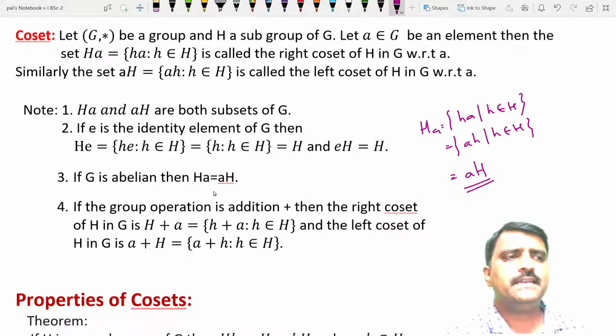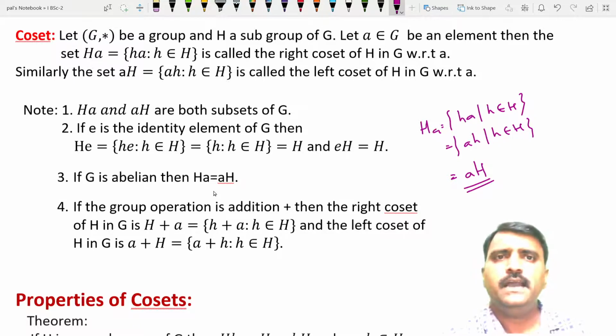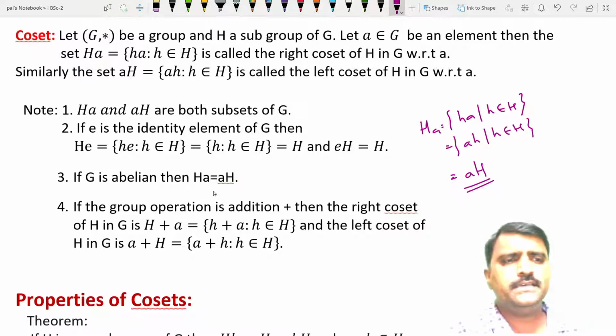So that is right coset is equal to left coset when the group is abelian group.